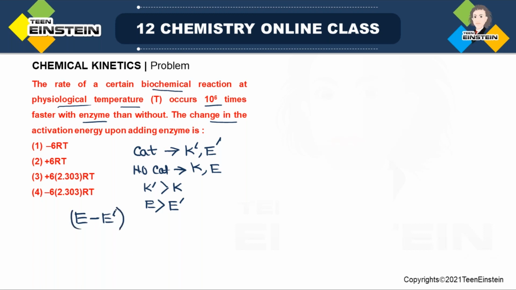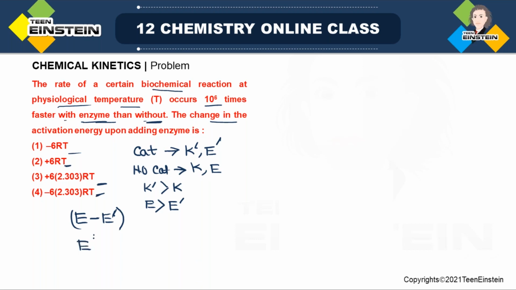Now look at the options. Options 1 and 4 have a negative sign, but options 2 and 3 are positive. The change in activation energy: it is mentioned first faster with enzyme, then without. That means the value without catalyst will be in the second position.